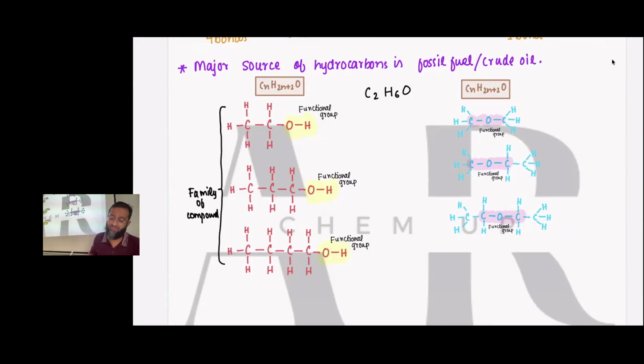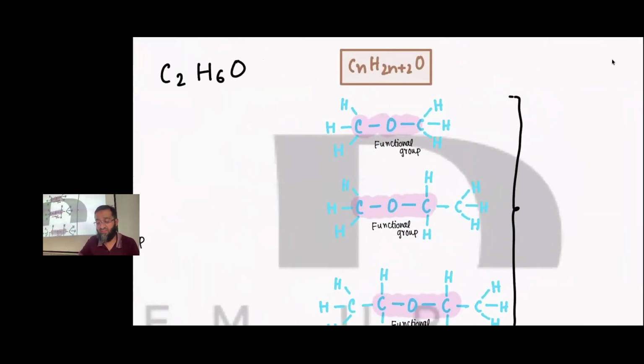Is this clear? So similarly, this one is also a family of compounds because these structures have the same general formula. Okay, so all of these have the same general formula. They all have the same functional group.